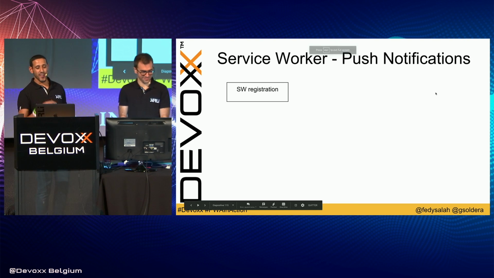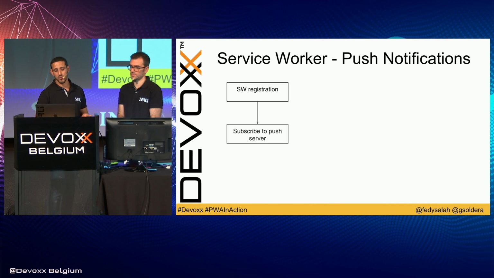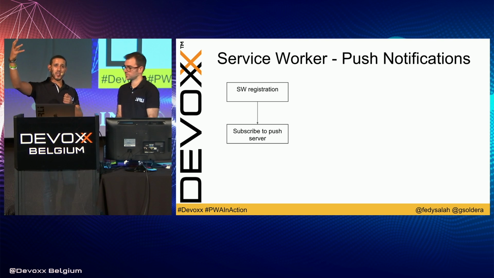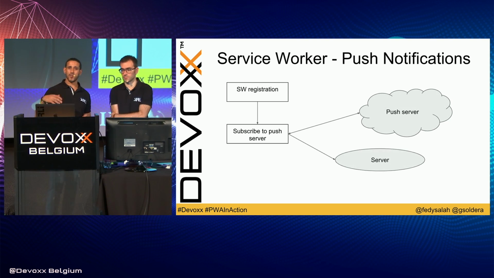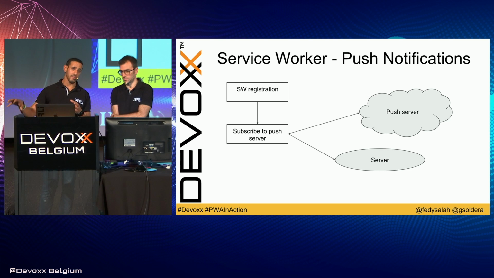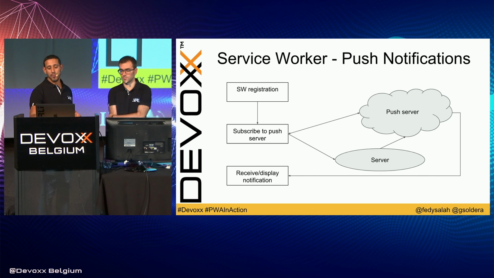Now, the service worker will be registered. After the service worker gets registered, we will subscribe to a third-party push server, and this server will send us a subscription. We can store the subscription object in our application server, and then for some reason we ask our application server to send a notification.